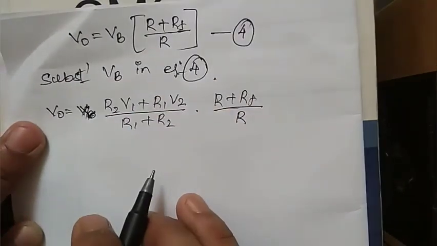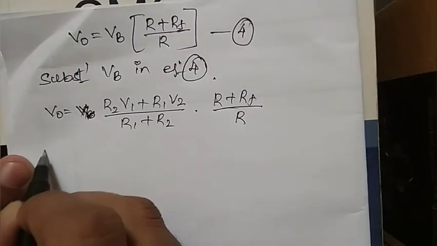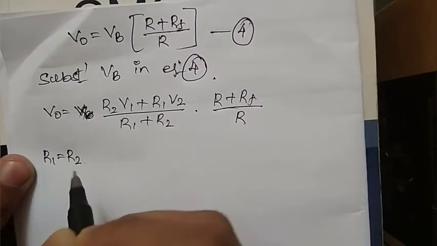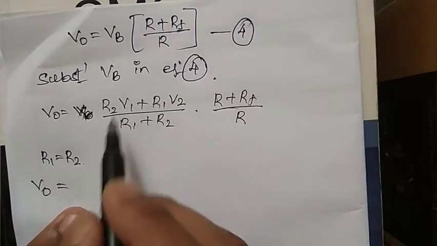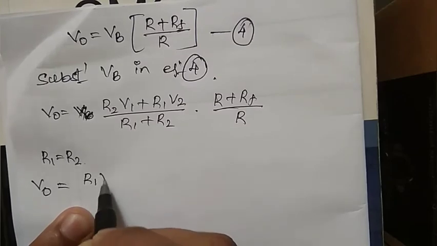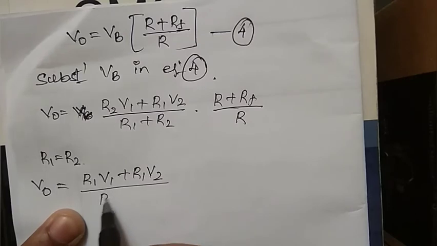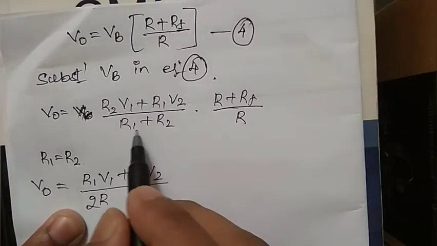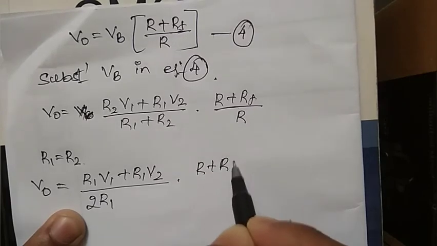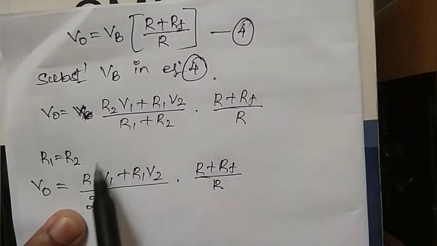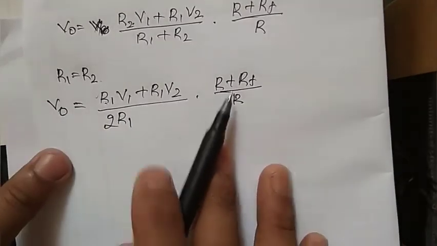So for simplification here we have to assume that R1 equals R2. Then the above equation will be simplified as R1 V1 plus R1 V2 divided by R1 plus R1, which is 2R1, into R plus RF by R. So we are just substituting R2 in terms of R1.